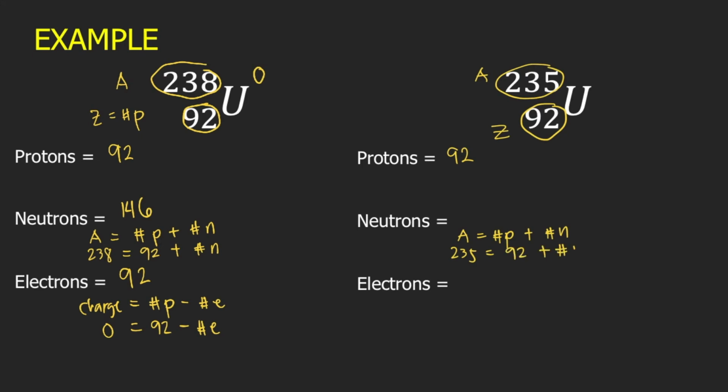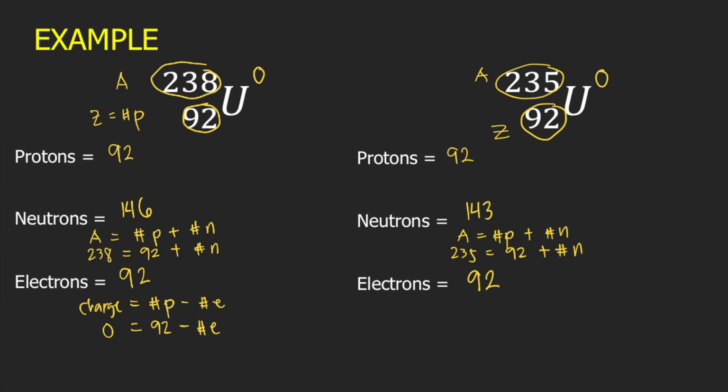So there are how many neutrons? So that's 235 minus 92. There are 143 neutrons. And for our electrons, the charge of the isotope is also 0. So that means the number of protons and number of electrons are the same. So the number of electrons is also 92.